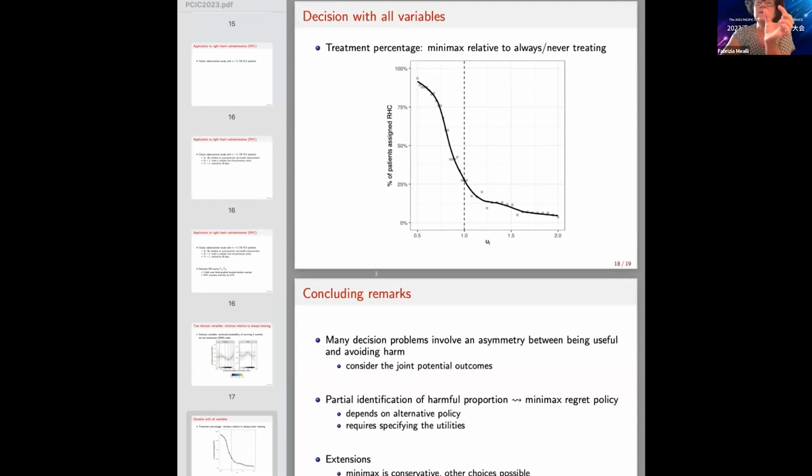And also the harmful proportion that you can bound is essentially the proportion of the principal strata conditional on the covariates, right? Yeah. So again, essentially, you can also include monotonicity or not, or maybe with some kind of monotonicity, it's identifiable.